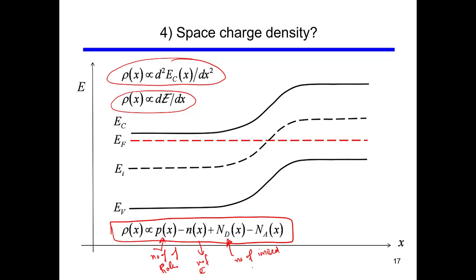So the space charge density depends on this formula, where Nd is the number of ionized donors, and this is the number of ionized acceptors. So it is the number of holes minus the number of electrons plus the number of ionized donors minus the number of ionized acceptors. The ionized donors are on the n side, and the ionized acceptors are on the p side.